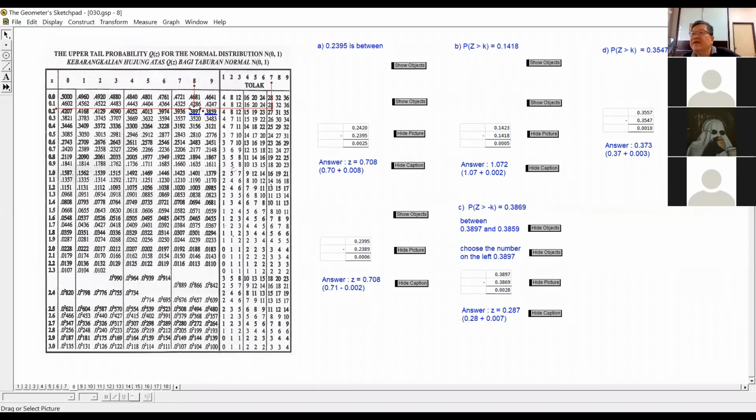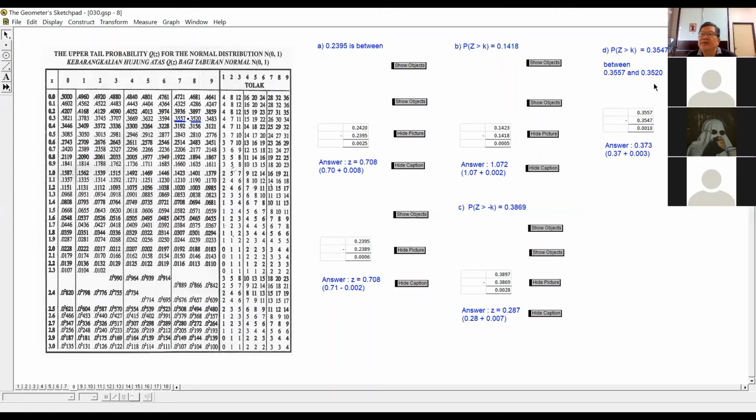0.3547 lies between two numbers. What are the two numbers? They are 0.3557 and 0.3520. If you don't want to read so many numbers, you read the last two digits: 47 lies between 57 and 20. Correct. So the two numbers that I have chosen are correct.